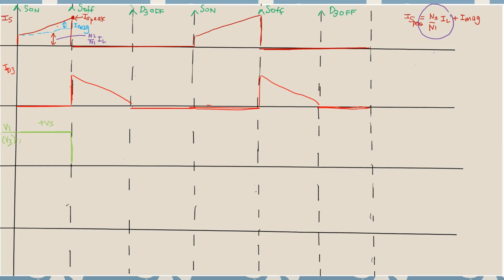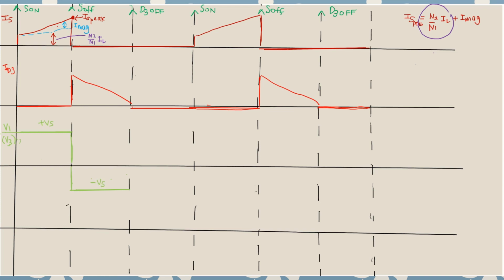When the switch is off, we still have V1, but this time it is negative because we're no longer getting the supply. So what happened here? We have a negative Vs. So that will be negative Vs.